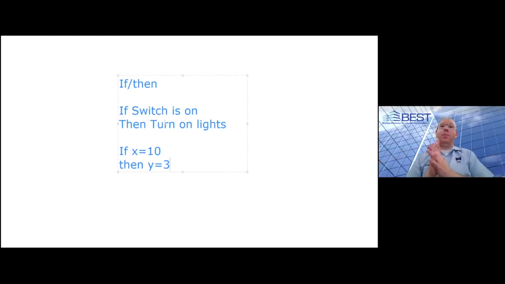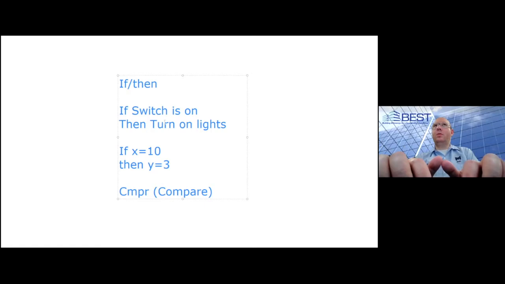So to do that with block-based systems, life is a little bit different. We're going to use a couple of different functions to do that. The first one we're going to look at is CMPR, which is short for compare. That will give us the if ability for math comparisons.